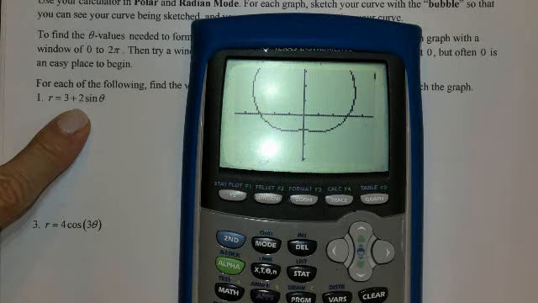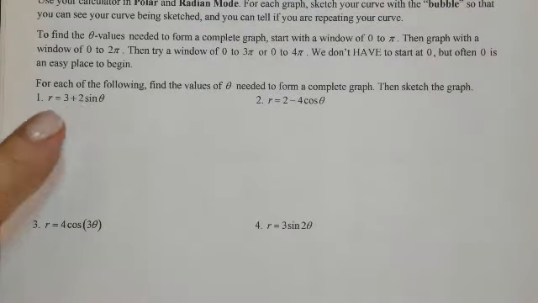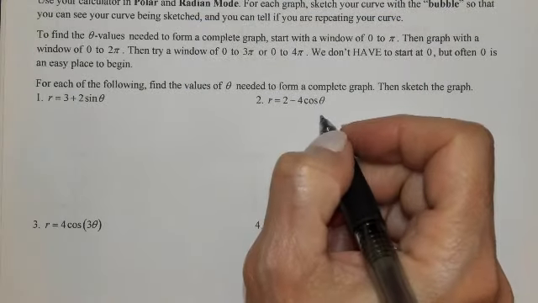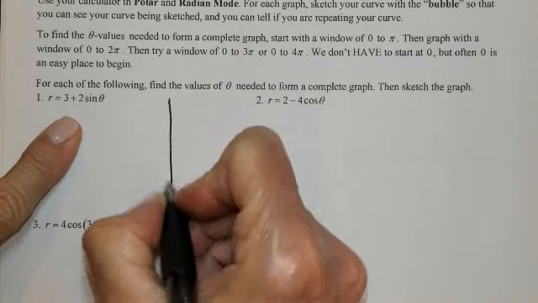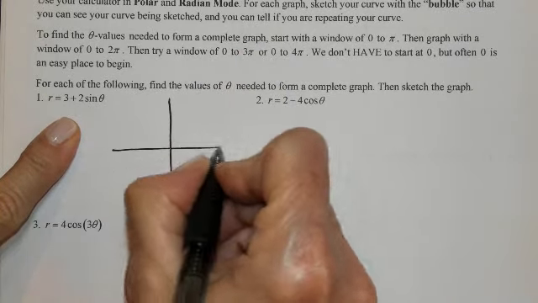And it's tracing the same graph again, right? So that's why I like the bubble there, because I can see what's going on. If I didn't have the bubble there, I wouldn't be able to tell that it was still even going, right? So this graph is a limaçon with no loop. It's a limaçon with no loop.